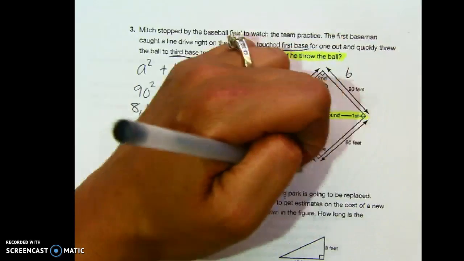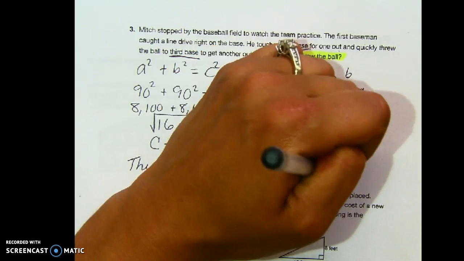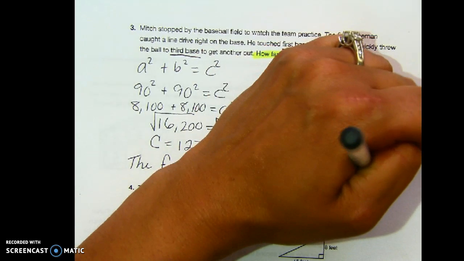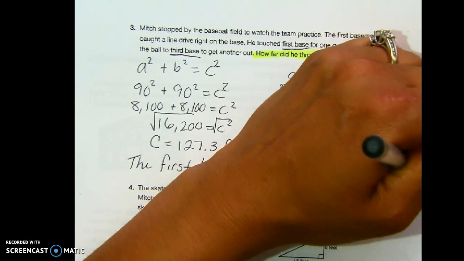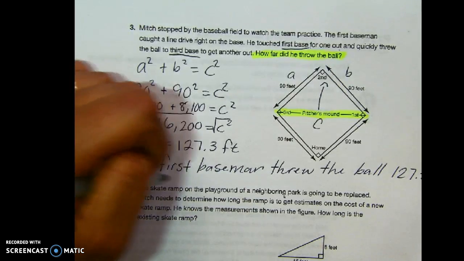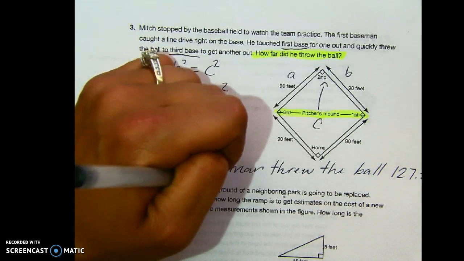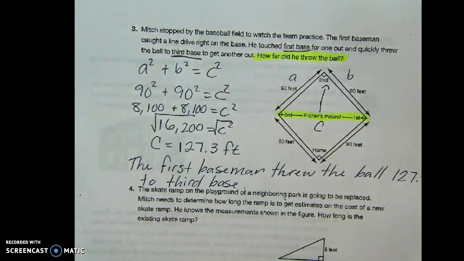So the first baseman threw the ball 127.3 feet to third base. That gives a sentence of reasoning.